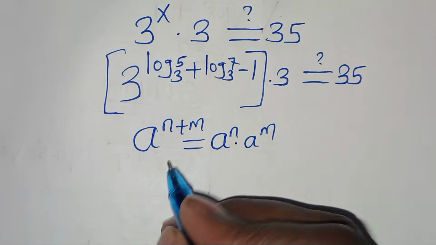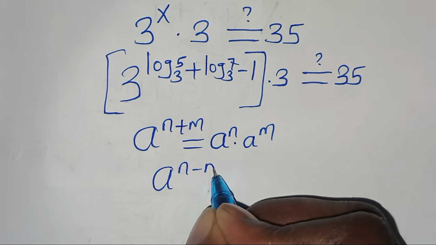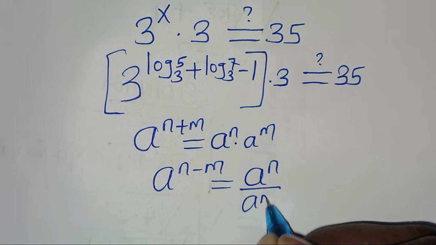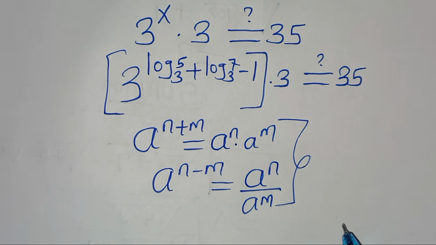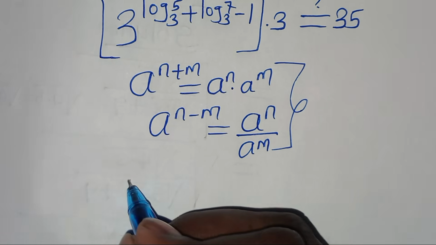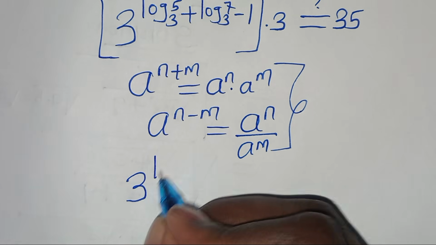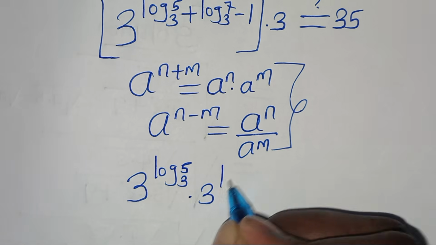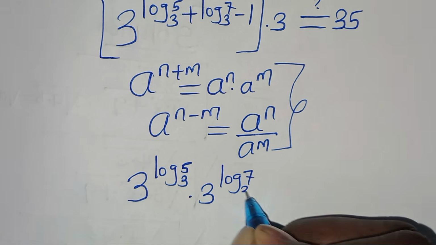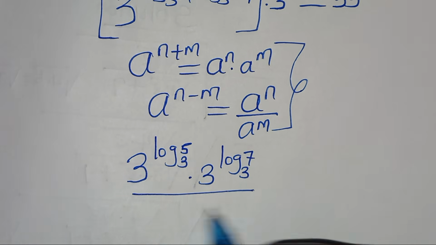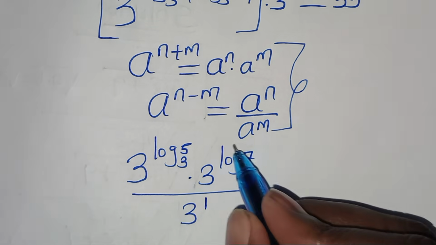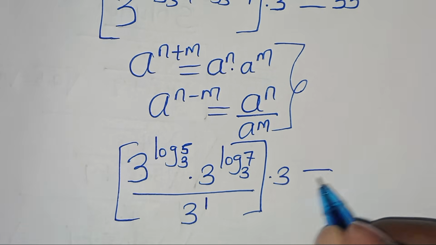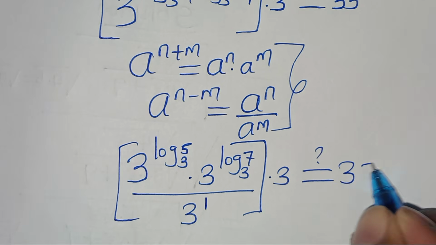And this is in the form of a to the power of n minus m, which can be expressed as a to the power of n divided by a to the power of m. Applying these two properties, we have 3 to the power of log 5 to base 3 times 3 to the power of log 7 to base 3 divided by 3 to the power of 1, everything here multiplied by 3. This is supposed to give us a value of 35.